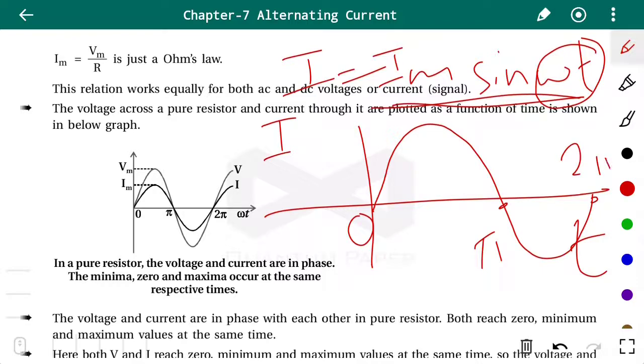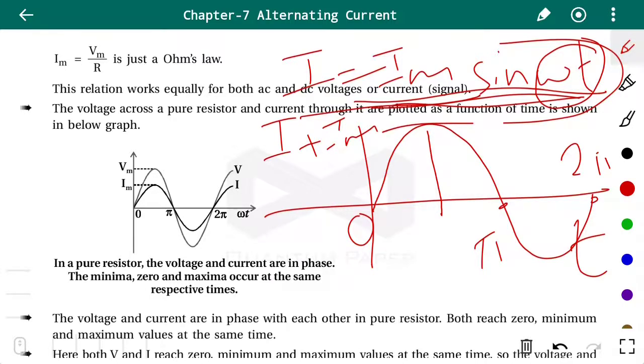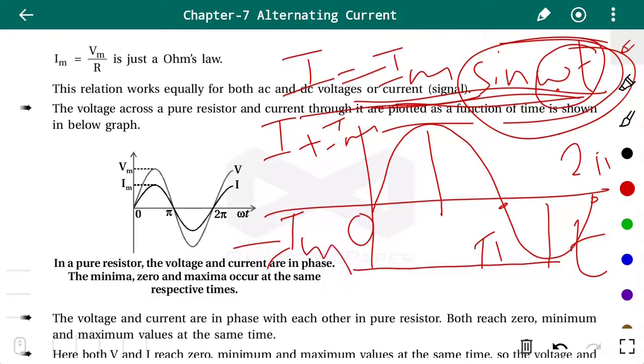For sine 2 pi, whole term will be 0, because sine n pi equals 0. At pi by 2, sine becomes 1, so I equals Im in the positive direction, and for 3 pi by 2 sine becomes minus 1, so I equals minus Im, the maximum value in the negative direction.